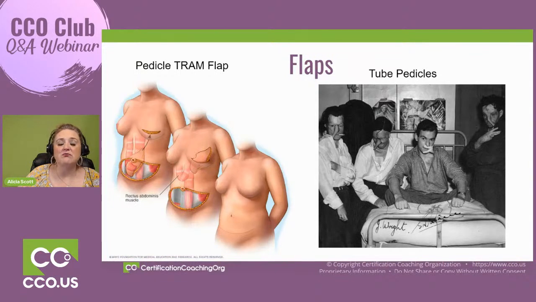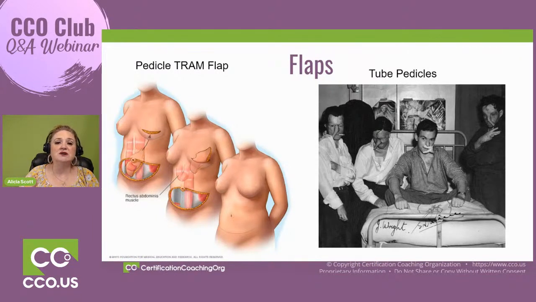They can do both breasts with the abdomen. Ultimately, what they do is take the abdominal skin and the fat too, and instead of putting in an implant, they use the skin and the fat to reconstruct the breast. Otherwise, you have to stretch the skin and put in an implant, and some people don't want implants.